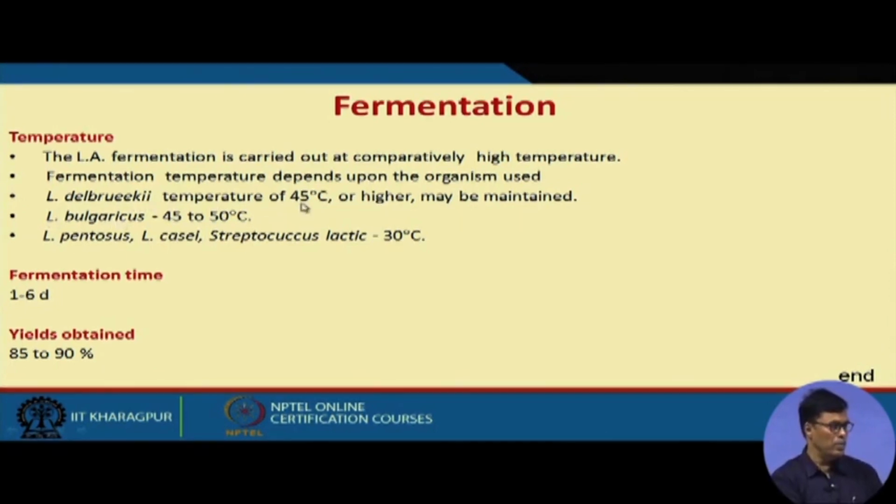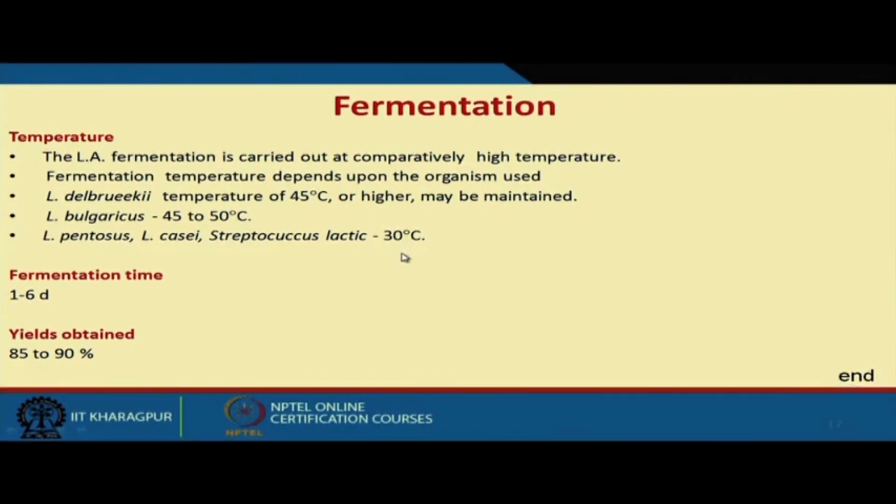Lactobacillus delbrueckii requires a temperature of 45 degrees centigrade or higher, and Lactobacillus bulgaricus is comparatively a little bit higher, 45 to 50 degrees. Lactobacillus casei, Lactobacillus pentosus and Streptococcus lactis require relatively low temperature, and this temperature we usually favor for our homemade curd production.